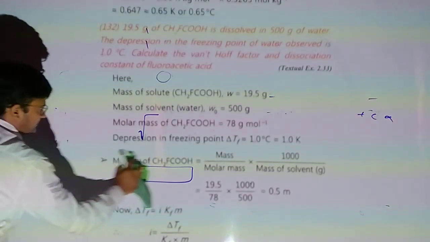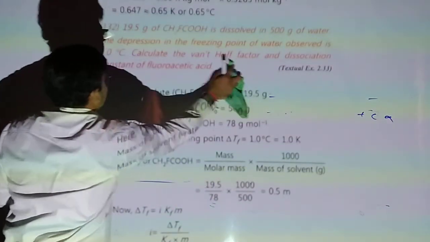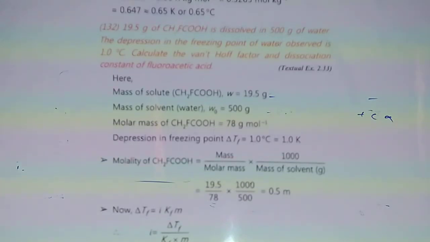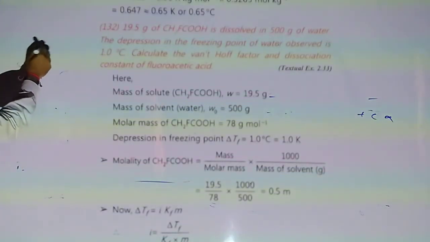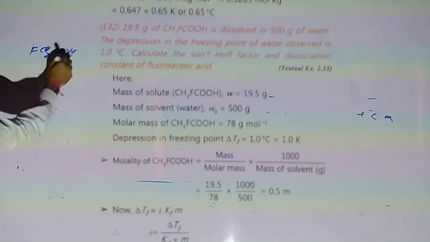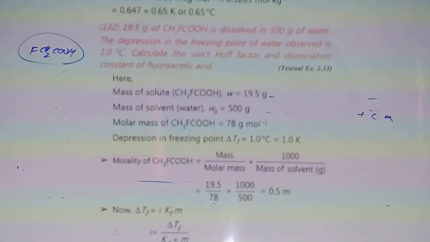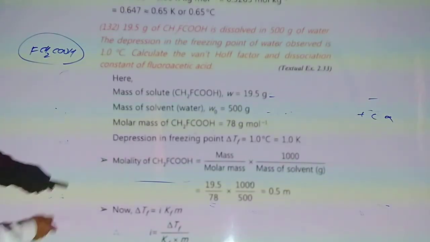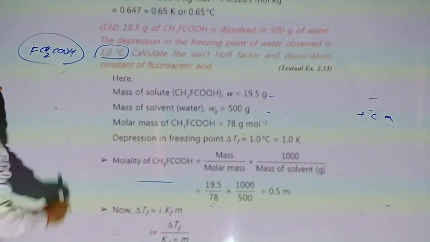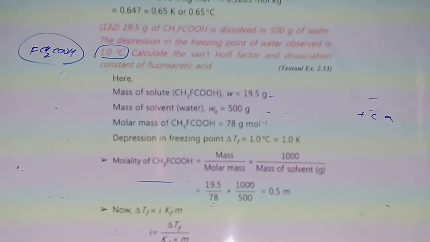Now 19.5 gram of fluoroacetic acid, FCH2COOH, is dissolved in 500 gram water. The depression in the freezing point of water observed is 1 degree Celsius. Calculate the van't Hoff factor and dissociation constant of fluoroacetic acid.